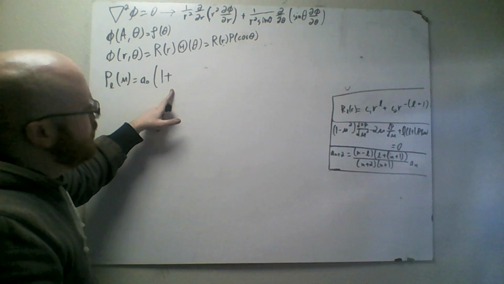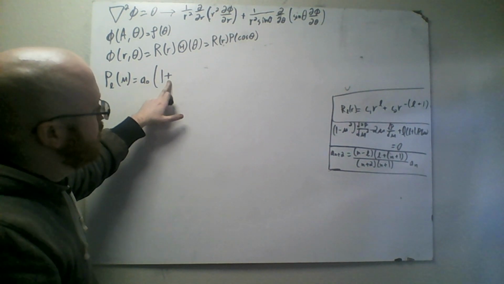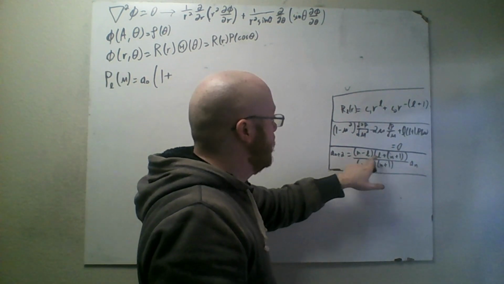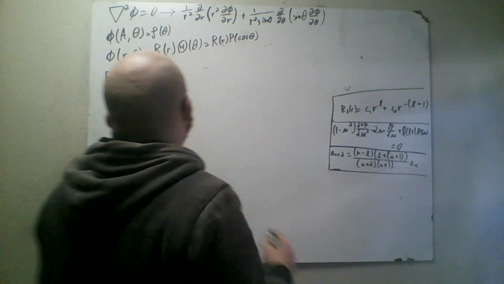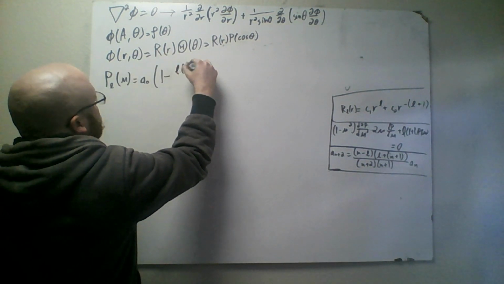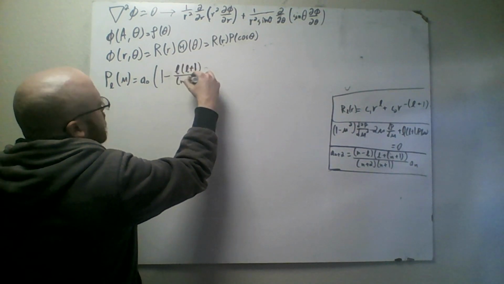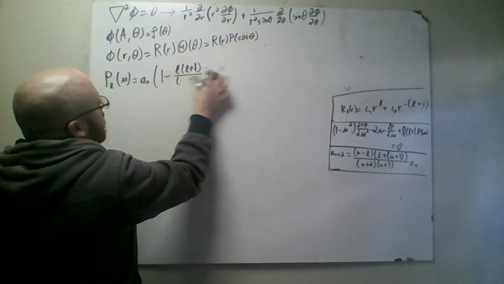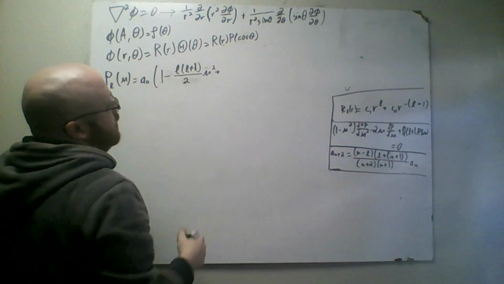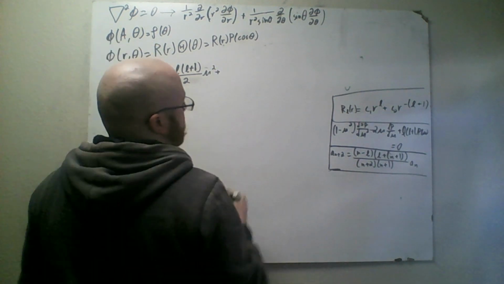And then A2: we plug in 0 for n, we get negative L times L plus 1, so minus L times (L plus 1) all over 2, times mu squared.